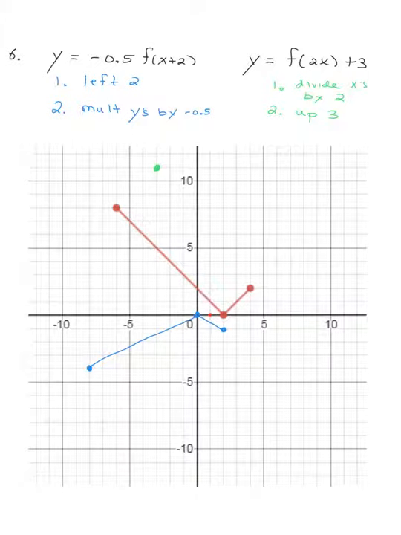You take half of it, it's now at 1. If you add 3 to it, it goes up to 3. 1 comma 3. My last point is here. The x value is 4. If you take half of it, it goes to 2. If you then add 3 to this spot, you go up to 5. And this is my graph.